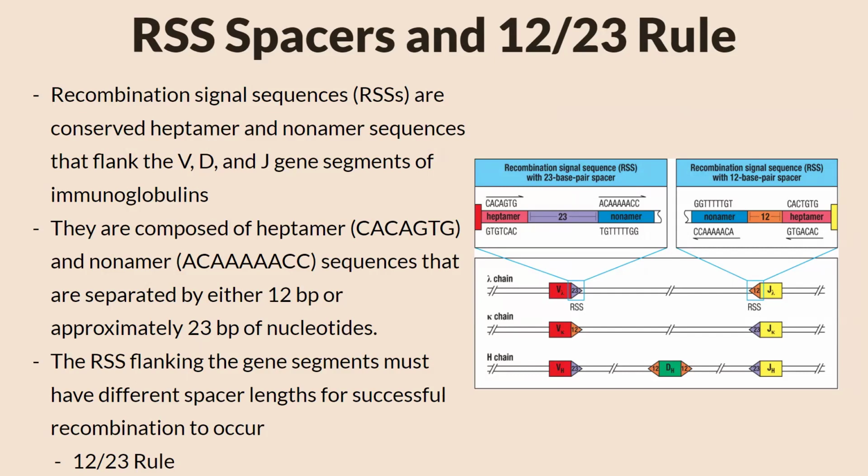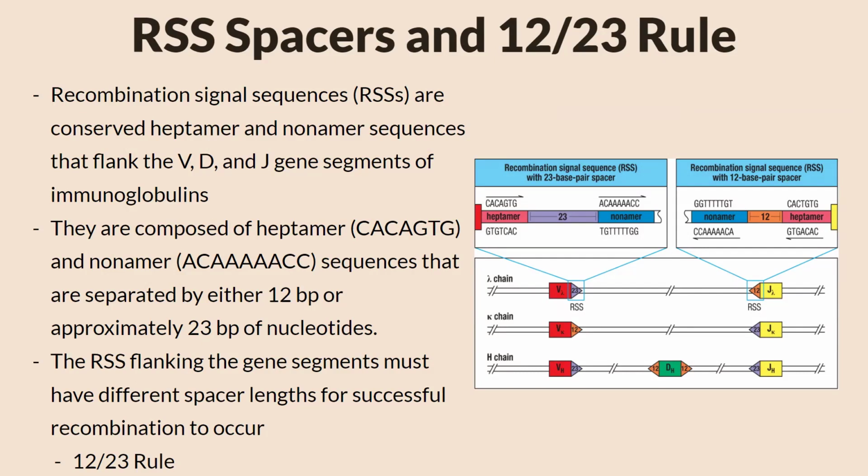As you can see on the visual, on the H chain, you'll have a V region that's flanked by 23 base pairs, and a J region that's flanked by 23 base pairs.